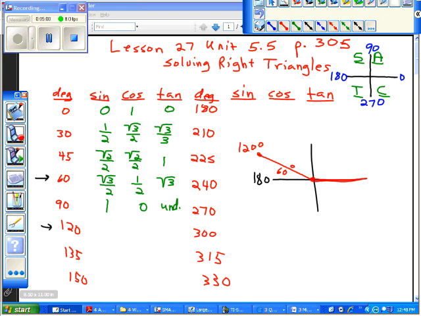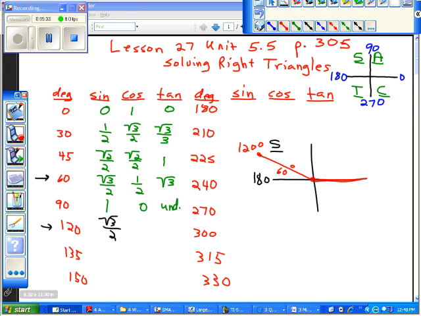But now I've got to think about the sign. I'm in quadrant 2, where what is positive? Sine. So 120 is like sine of 60. What's sine 60? Square root 3 over 2. But is sine positive or negative in quadrant 2? Positive, so it's positive. Okay, cosine 60 is 1/2.